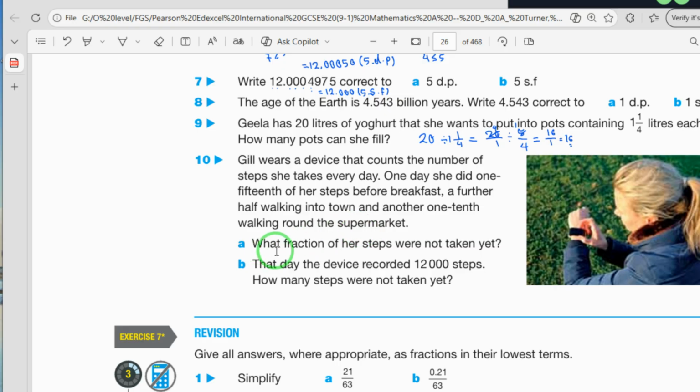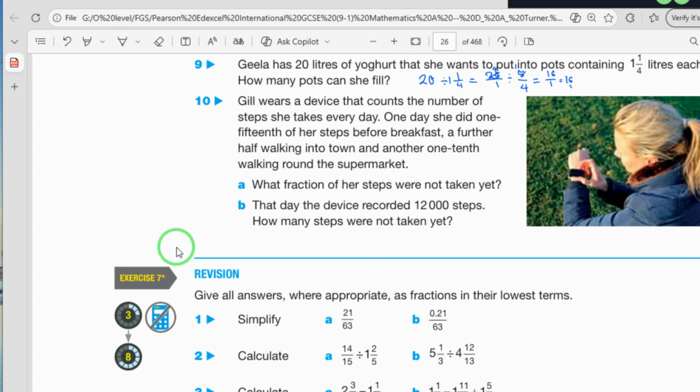Part A, what fraction of her steps were not taken yet? Part B, that day the device record 12,000 steps. How many steps were not taken yet? So we calculate this one here.